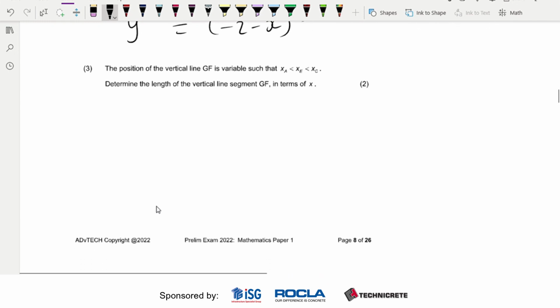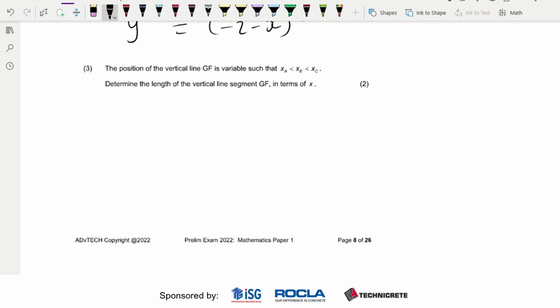Question 3 asks us, the position of the vertical line GF is variable such that x of A is less than x of E, which is less than x at C, or the x coordinates at points A, E, and C. We're asked to determine the length of the vertical line segment GF in terms of x.